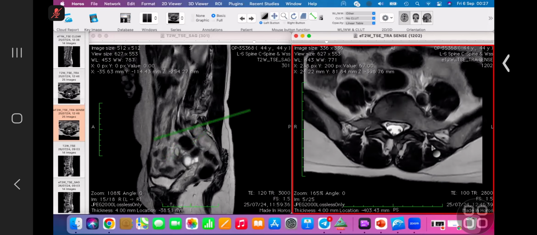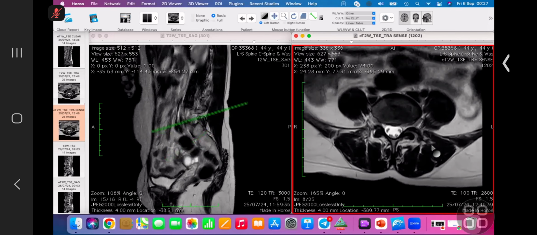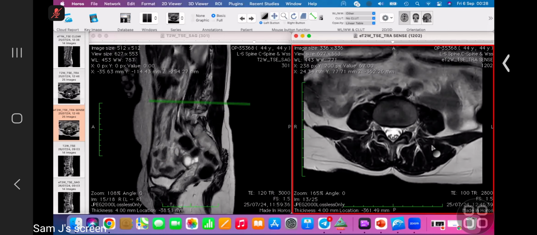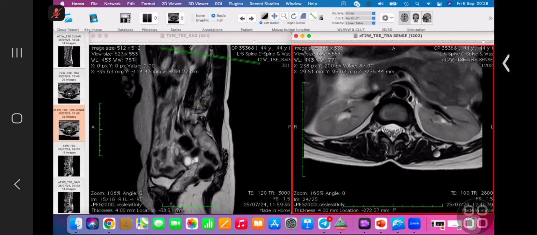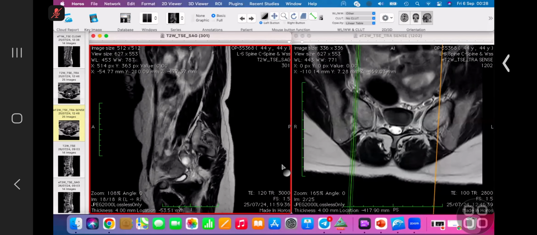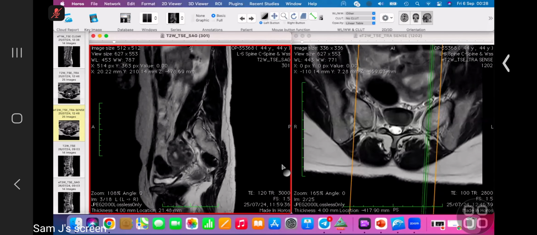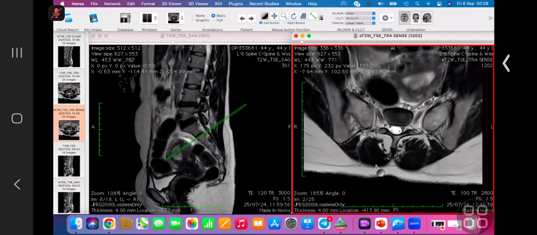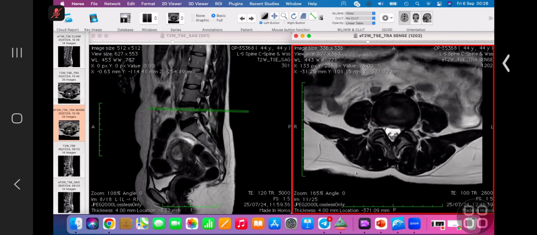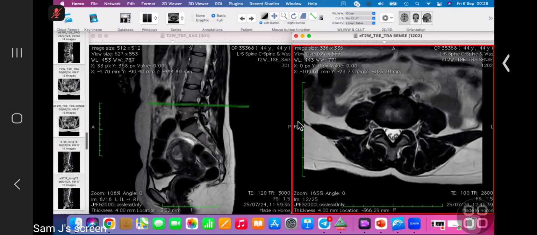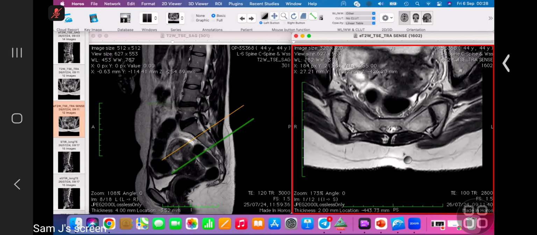Okay, I'm now going down to the area of interest. I don't think it is being covered in this sequence.